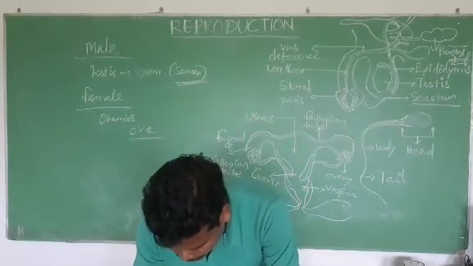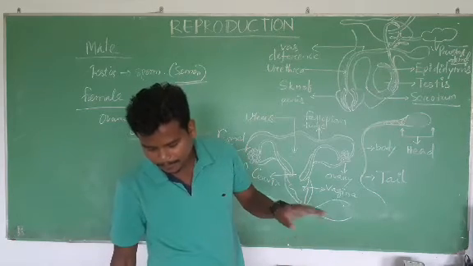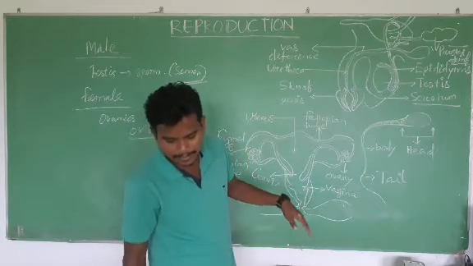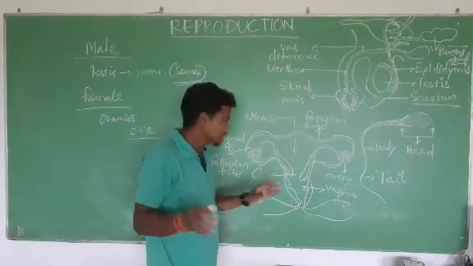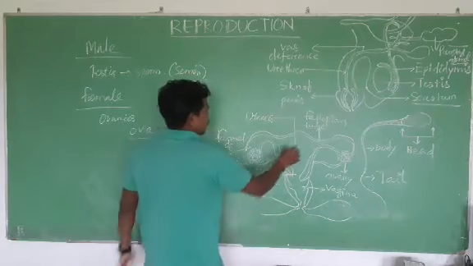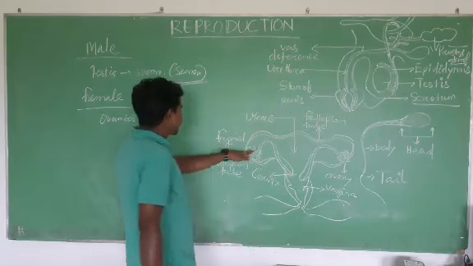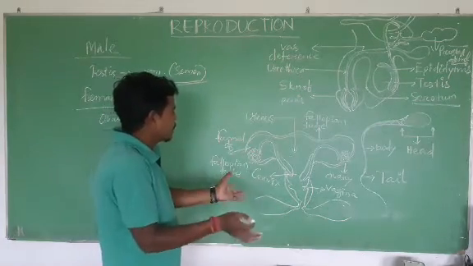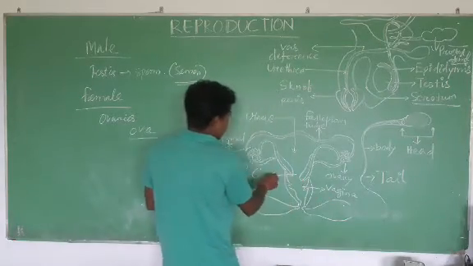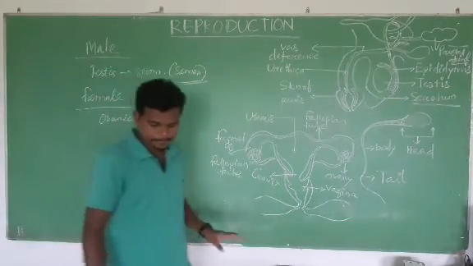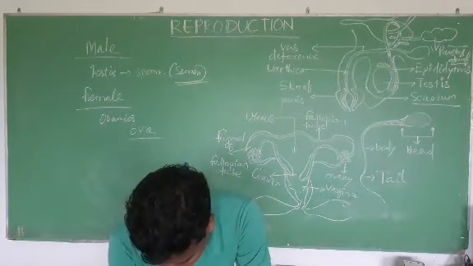After that, each ovary produces one ovum every month, and over each ovary a muscular tube is connected, we can say the fallopian tube. This part is called the uterus, and these are the funnels of the fallopian tube. These are the ovaries, this part is called the vagina, and this part is called the cervix.